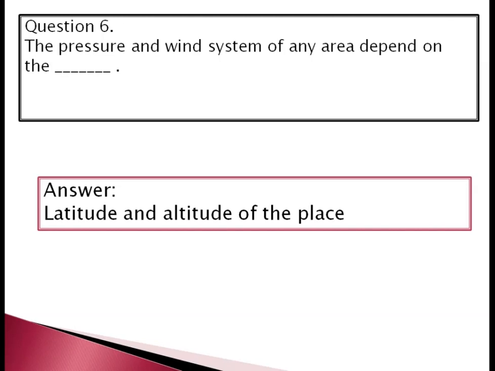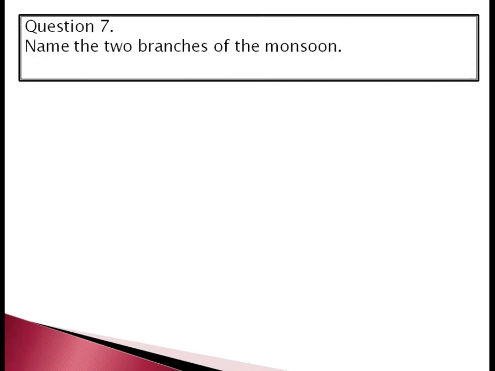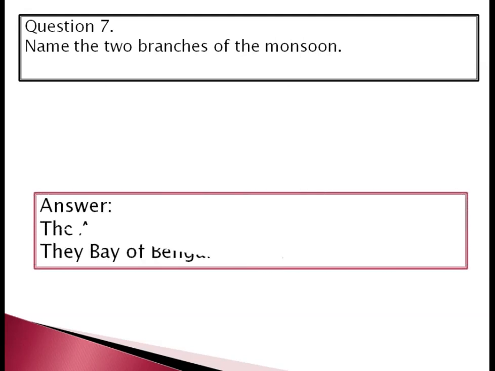Next, question number 7. Name the 2 branches of monsoon. The 2 branches of monsoon are the Arabian Sea branch and the Bay of Bengal branch.